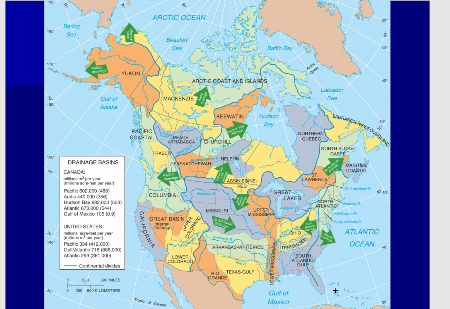So we've got these delineated lines, this dark blue line that circles around the Great Lakes. This blue line are all those big lines that are directing water into a particular drainage basin.